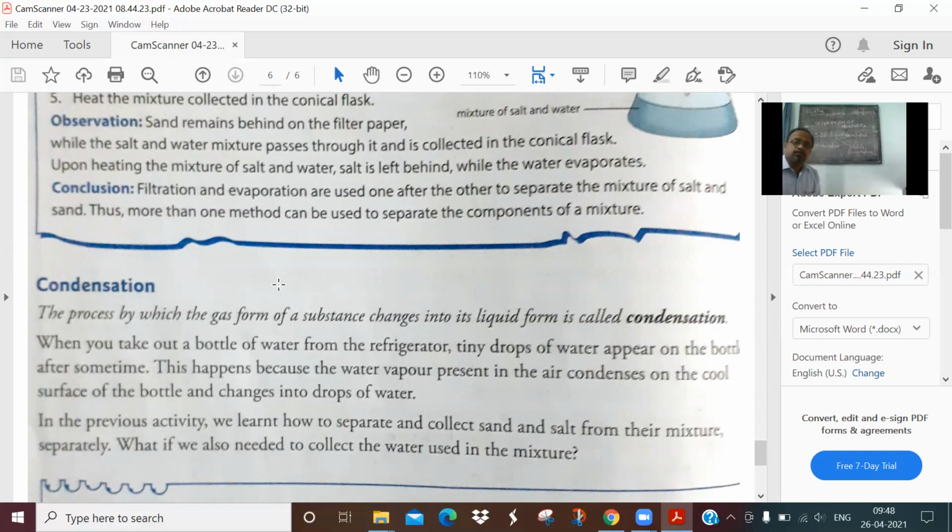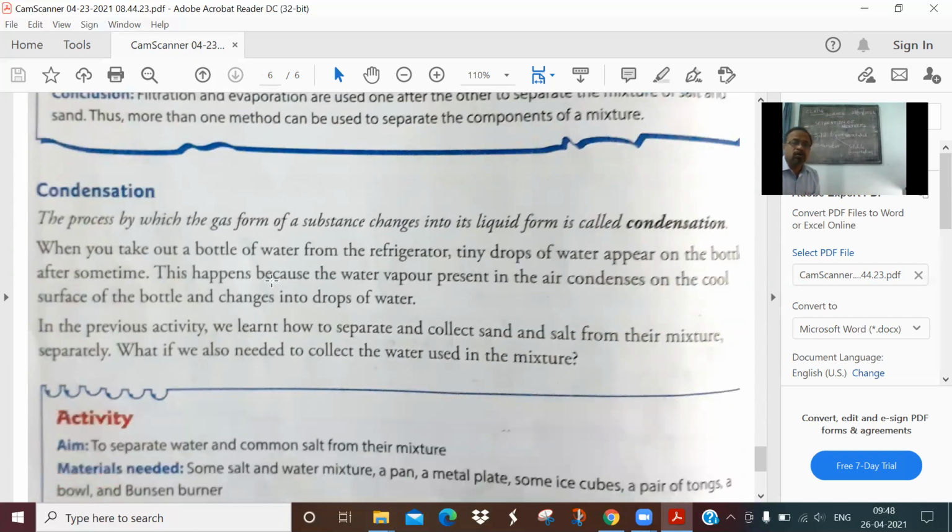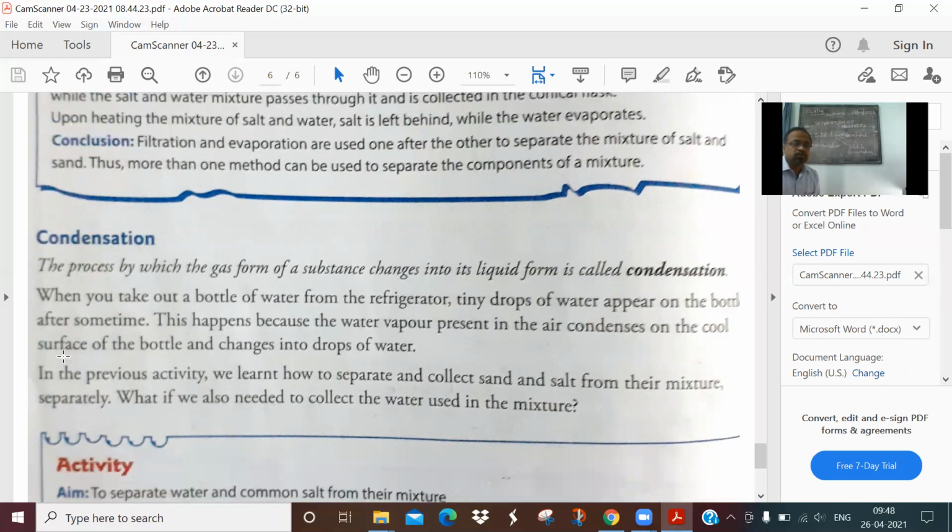Actually, in the air, water vapor is present. We call it humidity. During the winter season and the summer season, the amount of water vapor is very less, whereas in the monsoon season there is too much humidity, we say the amount of water vapor is too much in the atmosphere or air.